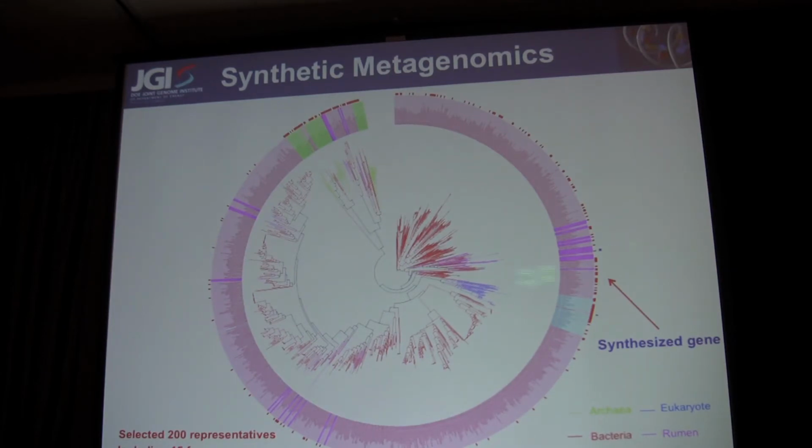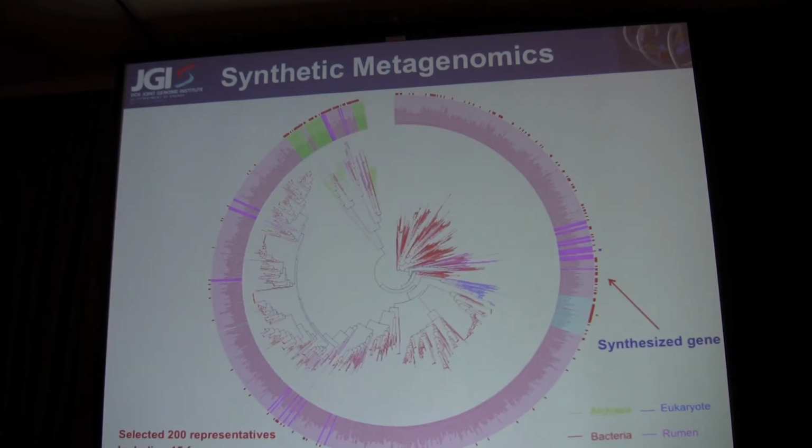At the same time, we had recently completed the cow rumen metagenome project, and we looked at that data and were able to identify about 50 additional Gh1s present in the cow rumen. Everything got aligned, and we built a tree. As you can see, we were able to identify Gh1 enzymes from all kingdoms of life. Everything labeled in red comes from bacteria, green from archaea, and blue from eukaryotes. And these purple stripes here are the ones from the cow rumen.